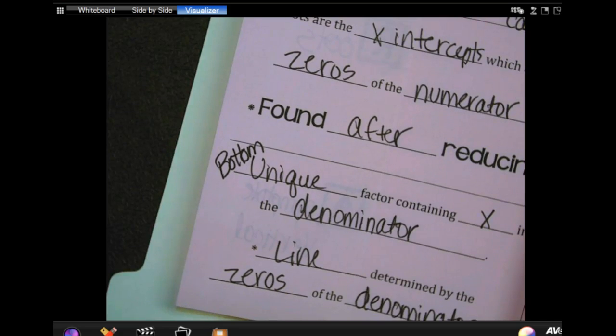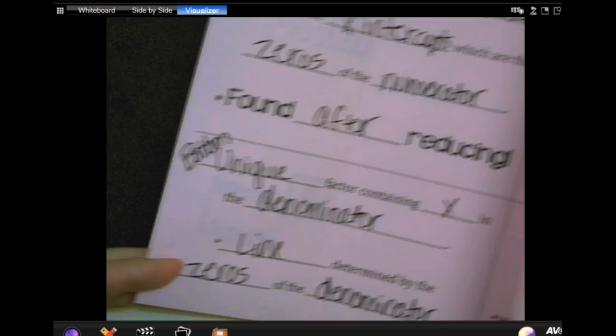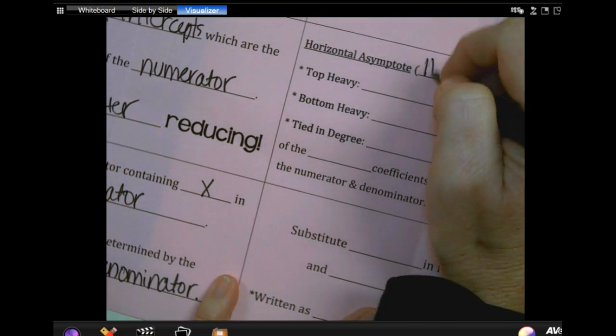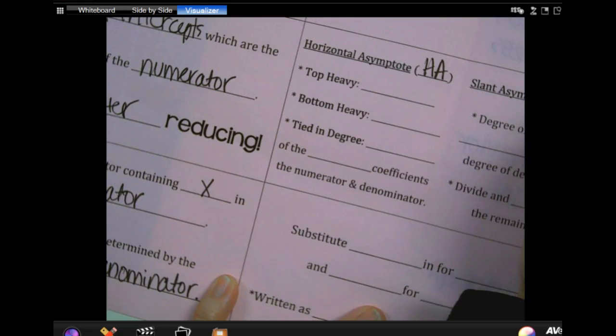So the roots are on top, the zeros are on bottom. Okay, so we're going to come back to the tangency and togetherness. So we're going to talk about the horizontal asymptote and the slant asymptote next.